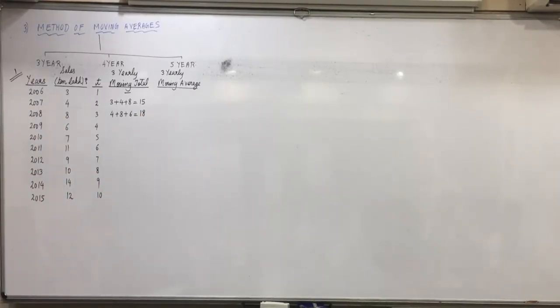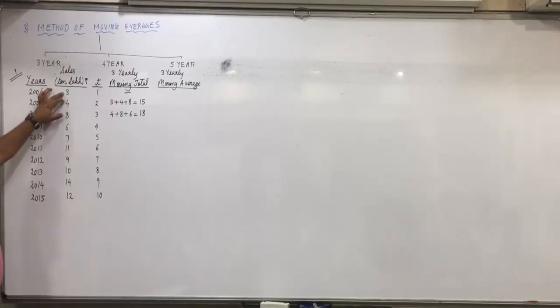Mayank, next. Five plus 7 plus 9. First we did 3 plus 4 plus 8. Then we did 4 plus 8 plus 6. Now, sorry, sir, 7 plus 11 plus 6.